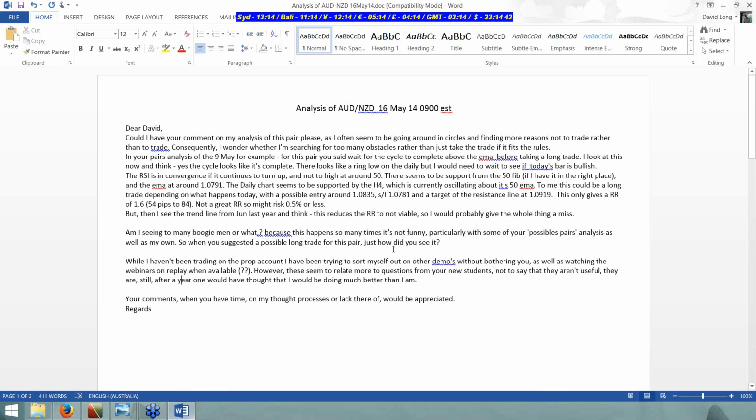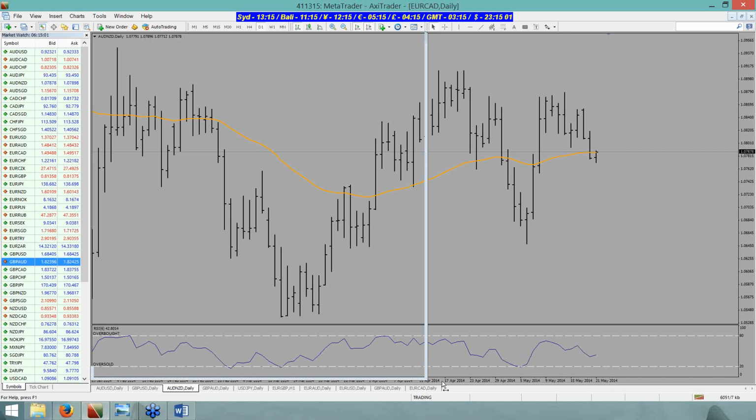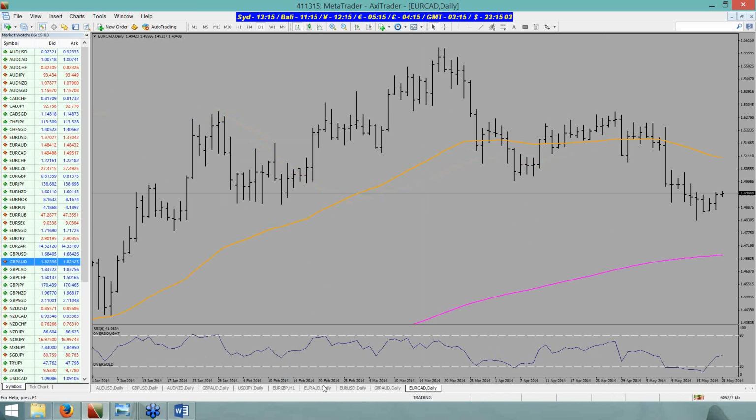So I agree with you that if you start seeing too many bogeymen, then walk away from it. But also you don't want to be walking away from everything. But the trades should be clear, I think. Things like the Euro Aussie, the Euro CAD from a fundamental point of view.